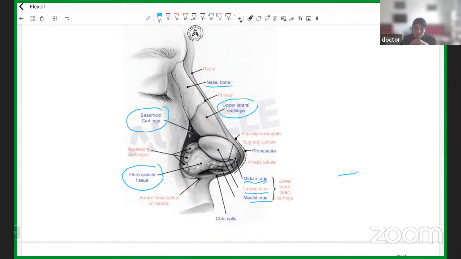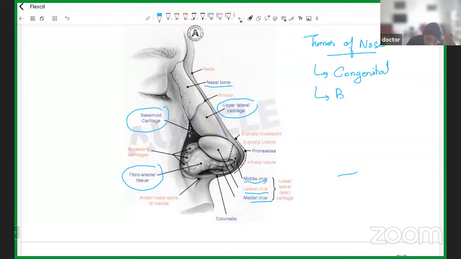It is congenital, it is benign, and it is malignant. So tumor of nose: we have three categories: congenital, benign, and then malignant.